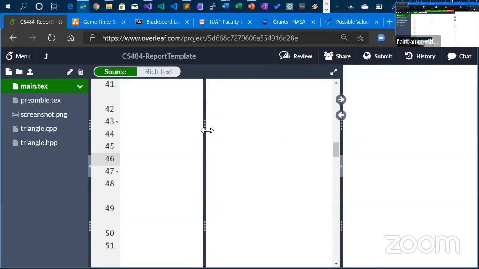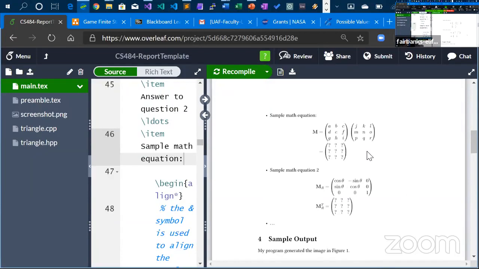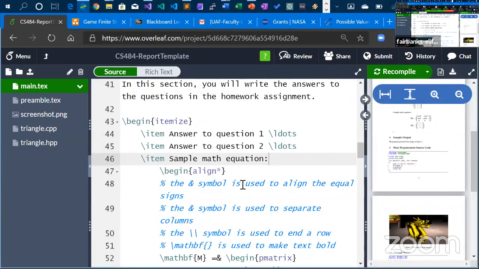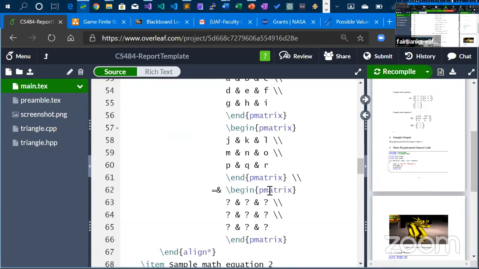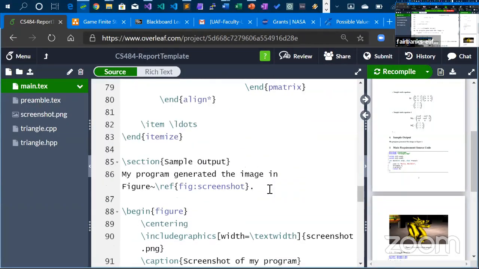Okay, so you'll see over here that the math equations I put in the template are right here. So this should make the matrix stuff go a little smoother. And you'll see right here that I just put the code in here. So hopefully that should fix the issue that you just brought up. I apologize if that added a little extra time to your weekend.